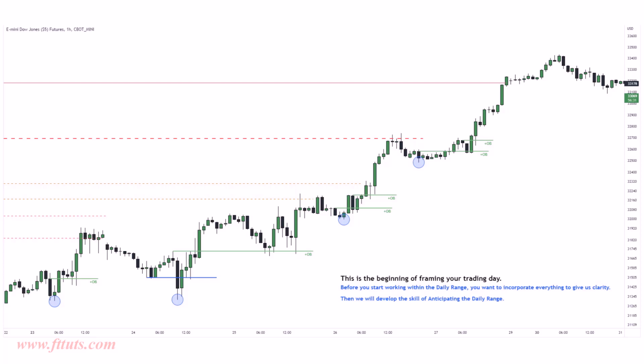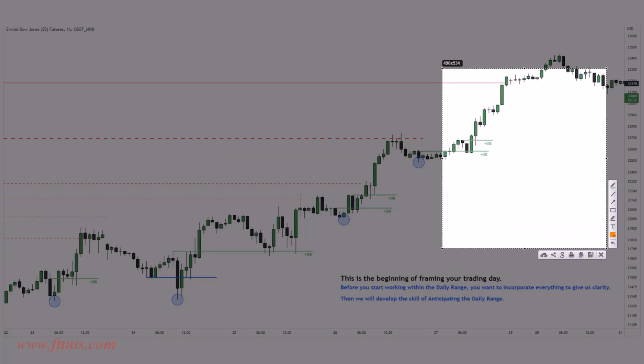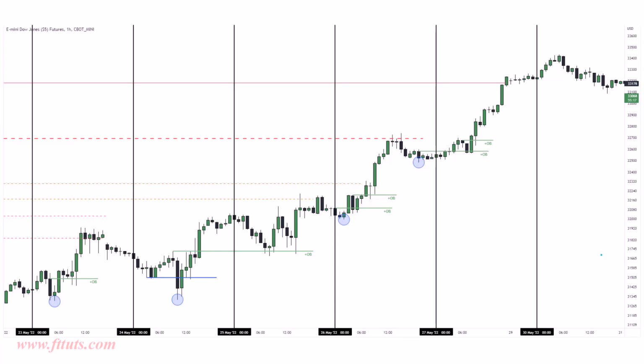And if we're expecting bullish institutional order flow, we're expecting price to be bought on the daily opens, then displacement to the upside. So let's get into that. Here we have daily ranges.